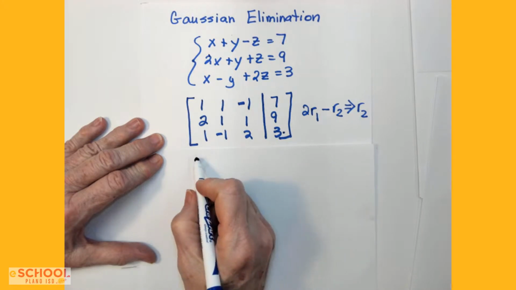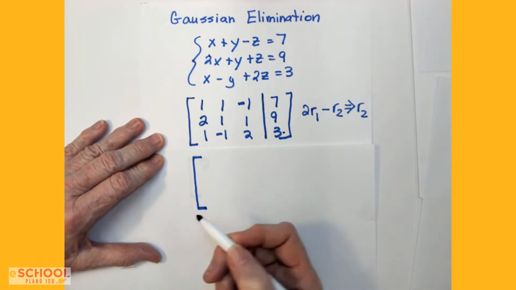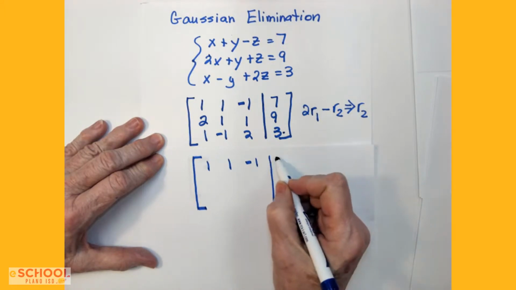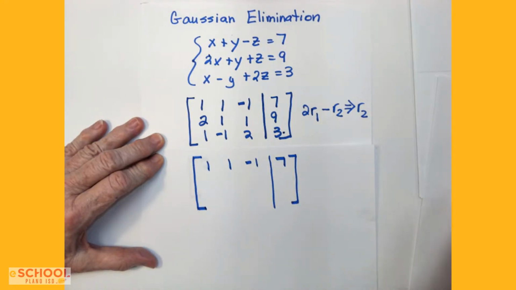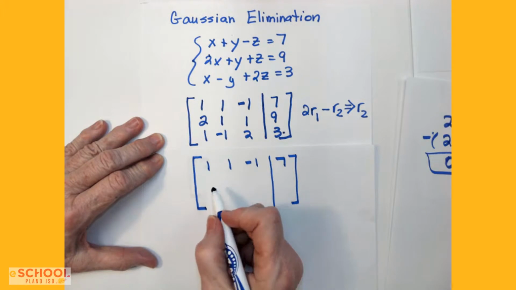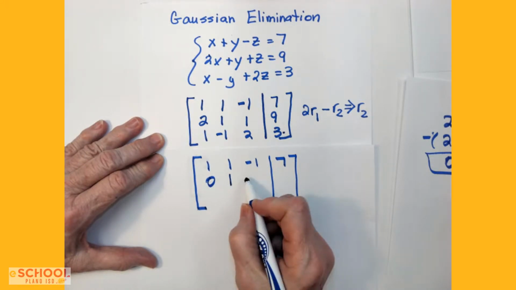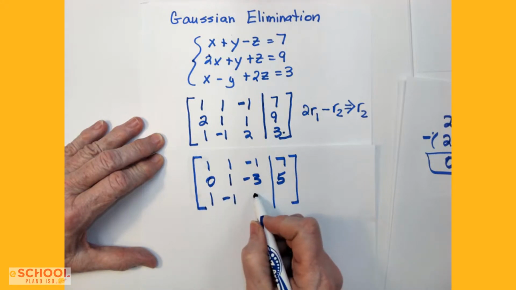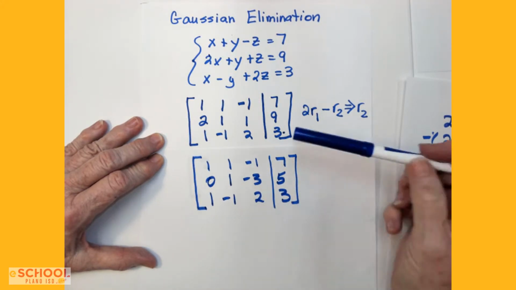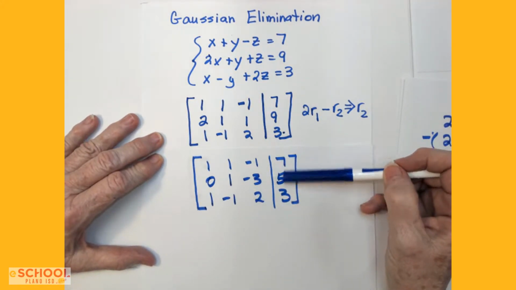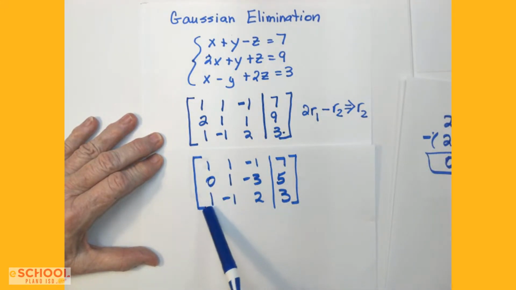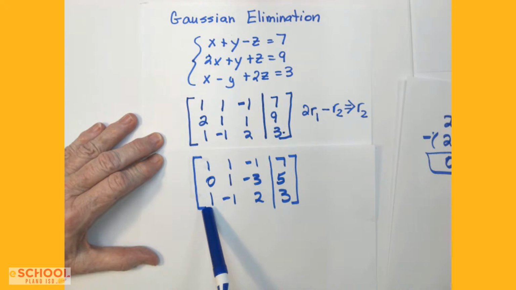So we're now going to rewrite the matrix. We keep the first row, and now we input the new second row: 0, 1, negative 3, 5. We haven't done anything to change row 3. So now I have a 0 here, and I need to get a 0 at the beginning of row 3.